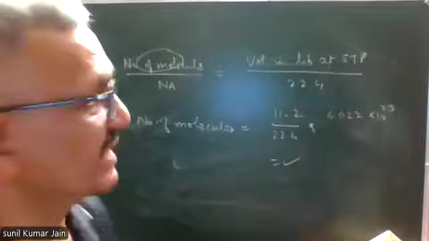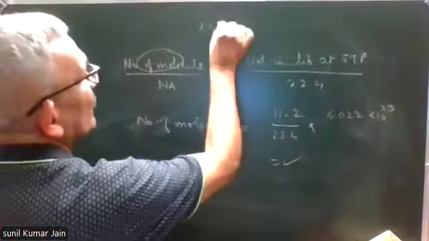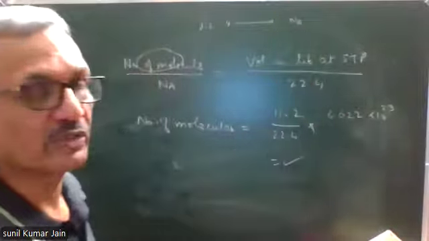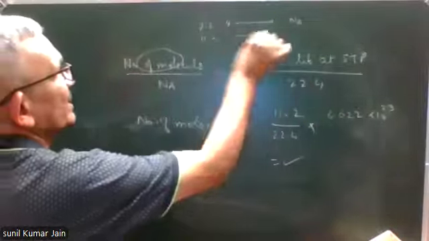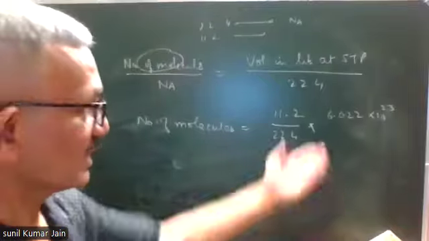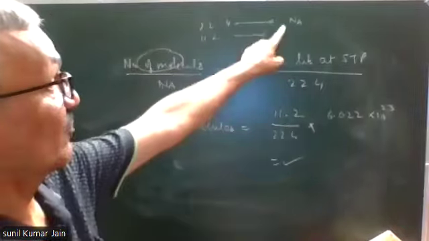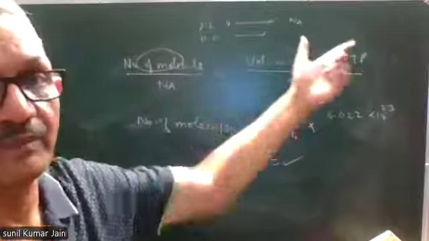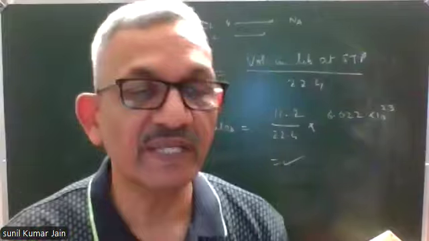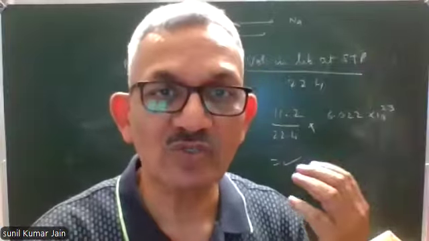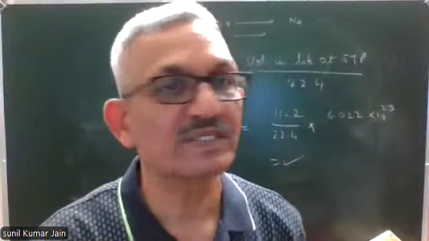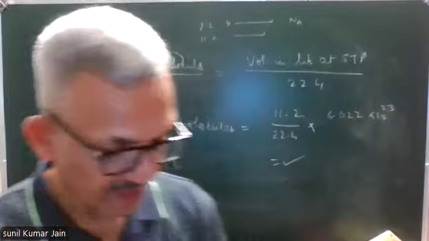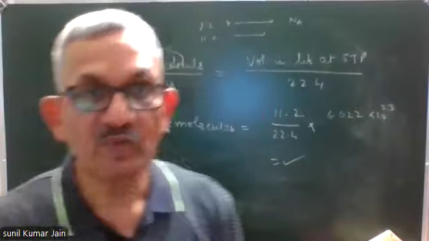So I can directly say that 22.4 liters contain Avogadro number of molecules. 11.2 contains how many molecules? It comes out to the same thing: Avogadro's number divided by 22.4 multiplied by 11.2, right? So it's just the beginning. In the due course of time, as you solve more and more numericals, you yourself will be able to apply easier methods. One more numerical.